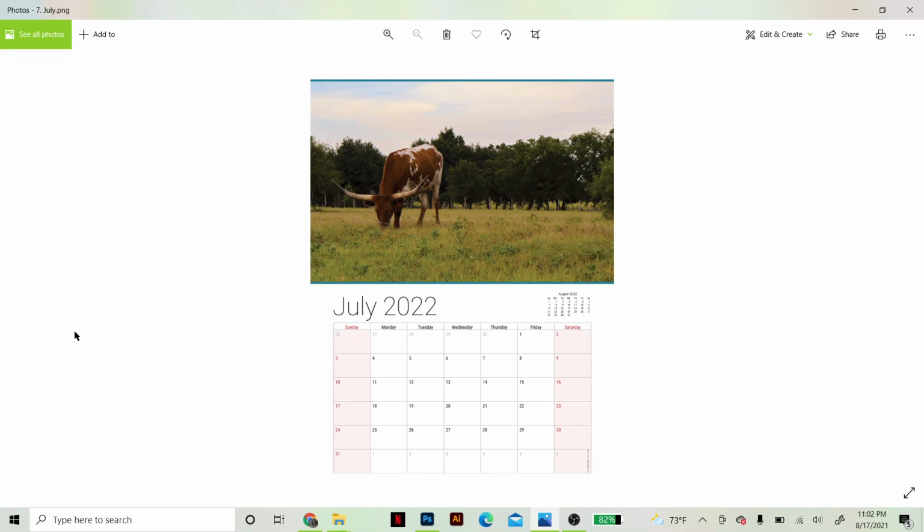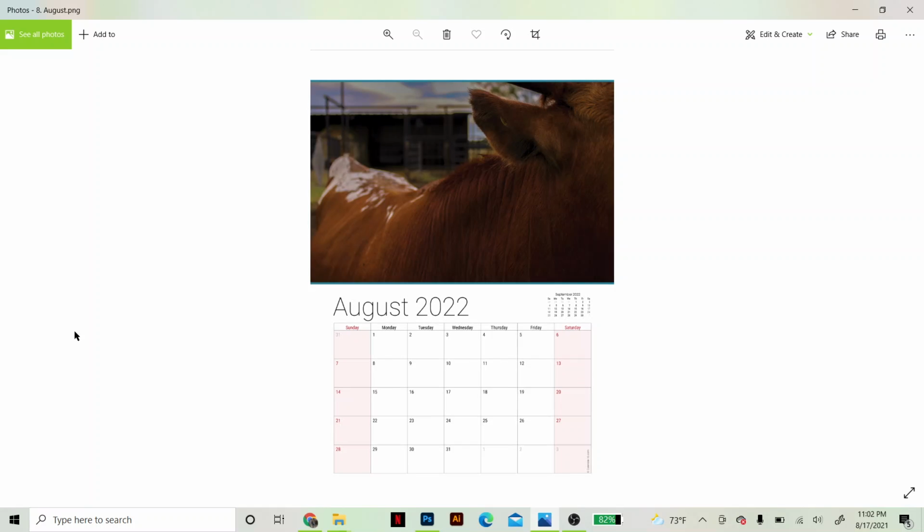Then for the seventh photo, it was ISO 100, aperture 5.6, and shutter speed 1 out of 125. For my eighth picture, I used ISO 100, aperture 4.0, and shutter speed 1 out of 250.